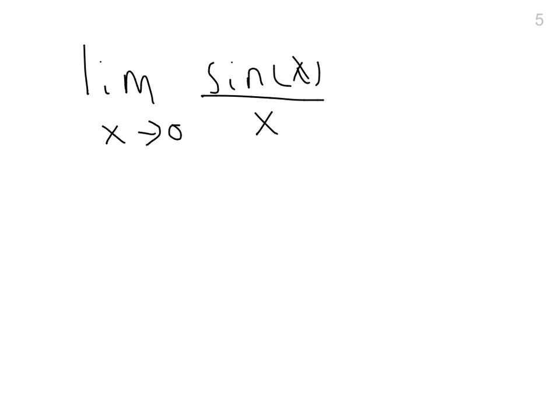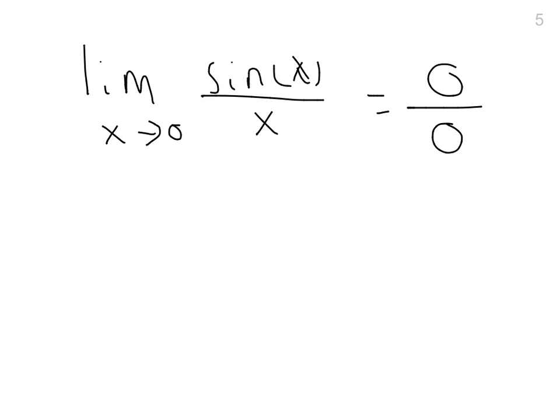If you were to plug in 0 into this function, well, what's sine of 0? Sine of 0 is 0. And 0 plugged in for x is obviously 0. Well, 0 over 0, how many times does 0 fit into 0? It's undefined. So that limit cannot be solved, at least we don't know yet how to do it analytically.